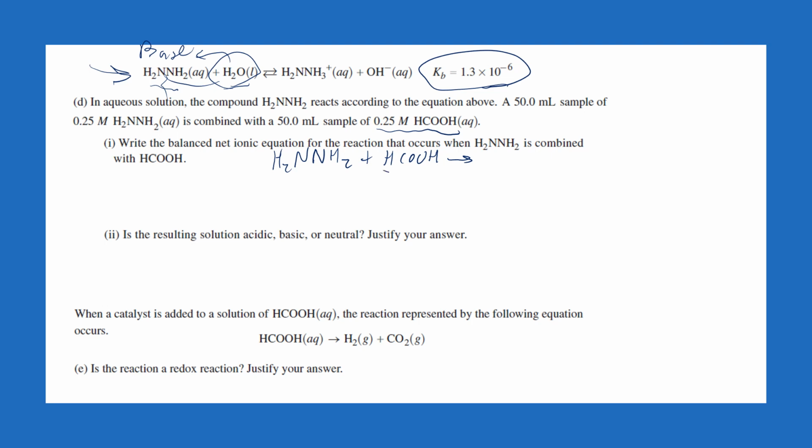In this case, the acid will give its hydrogen to the base. So it will form that same conjugate acid, H2NNH3 plus, same one that we have up here. And this thing will lose the hydrogen to form just the COO minus.